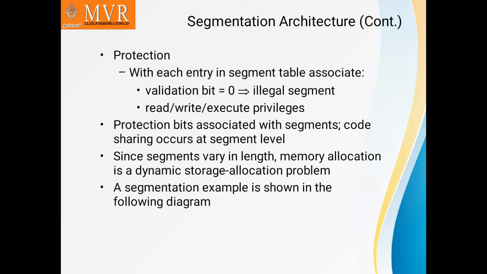Read, write, execute privileges. The protection bit is associated with segments, and code sharing occurs at the segment level. Since segments vary in length, memory allocation is a dynamic storage allocation problem. A segment example, let us explain in the further slide.